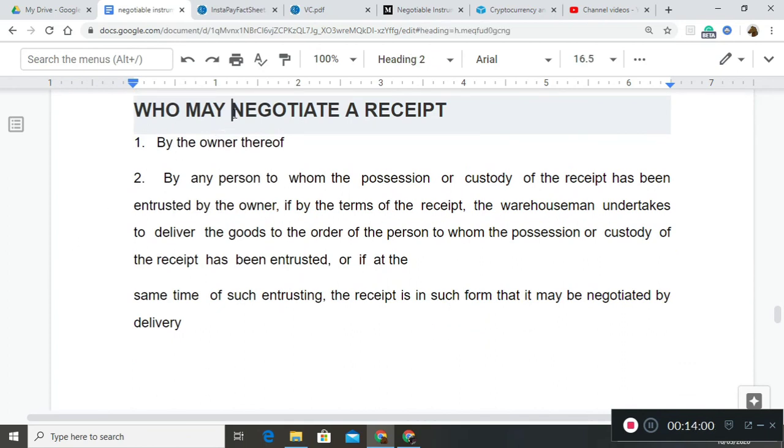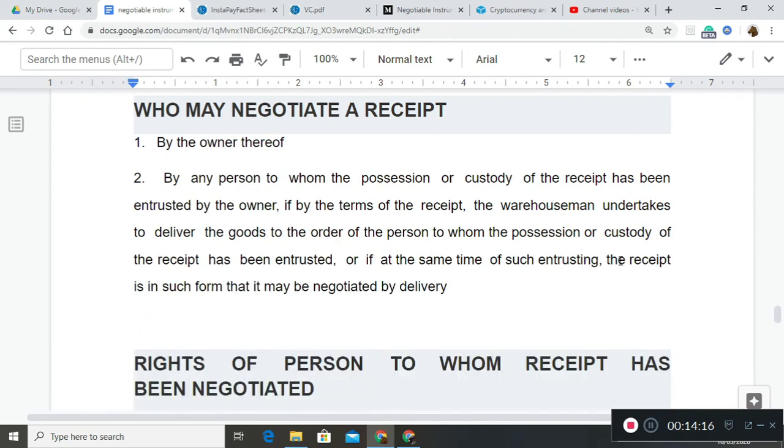Who may negotiate a receipt? The owner, or any person to whom possession or custody of the receipt has been entrusted by the owner. And at the same time, those that are negotiated by delivery.